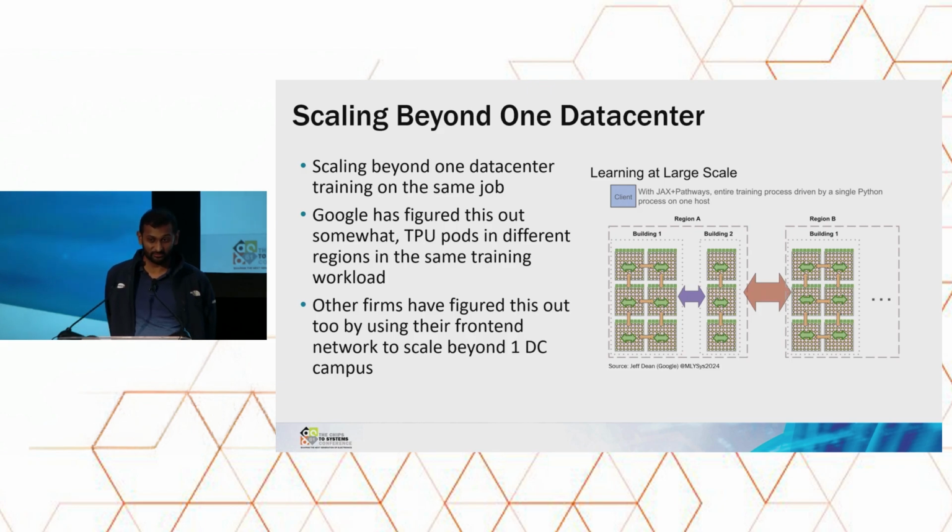You'll have all these pods of compute that you're interconnecting across tens of miles, right? Not just a few miles like the prior systems that I showed, but tens of miles of fiber, and the bandwidth between each domain is going to be lower, right? If I'm within a rack, then I have my NVLink if I'm NVIDIA, I have ICI if I'm Google. Everyone's going to have their flavor of that.